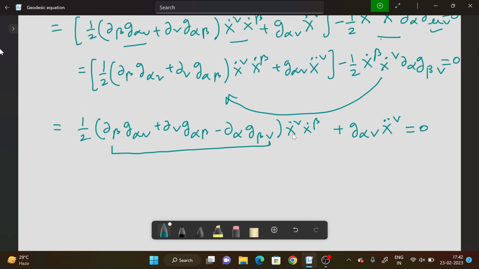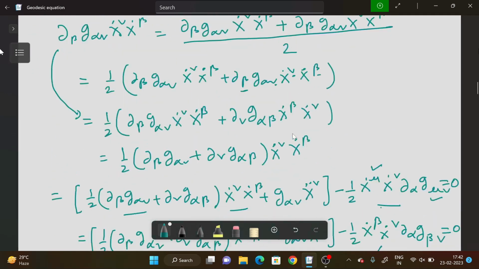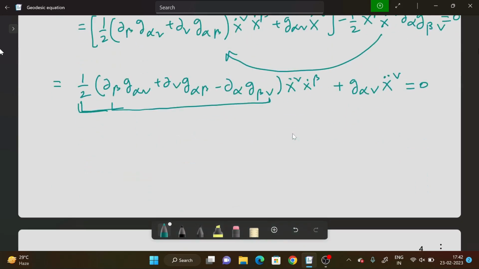Well, this whole term is just the affine connection. Look at this. This whole term is just the affine connection, right? So this can be written as the Christoffel symbol times x dot nu x dot beta plus g alpha nu x double dot nu is equal to 0.